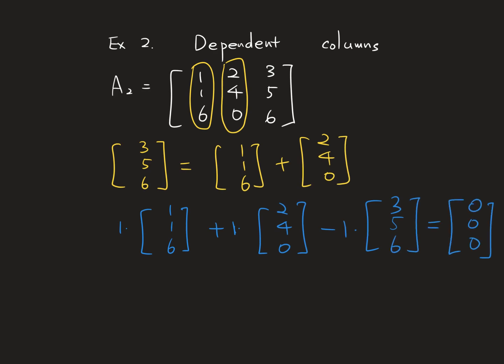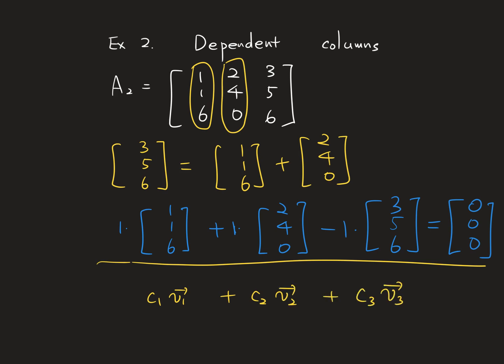And we can see that there is a non-trivial solution for this equation. When you consider the equation C1 V1 plus C2 V2 plus C3 V3 equals 0, you want to find the solution C1, C2, C3.